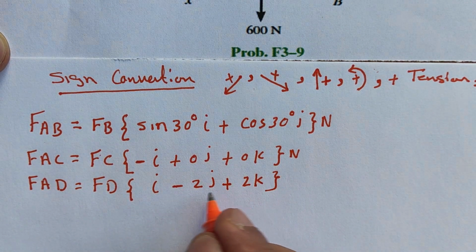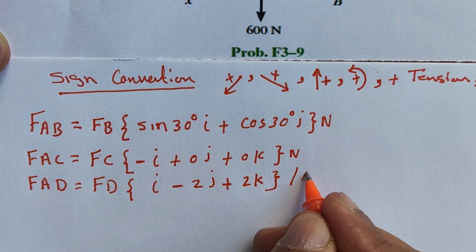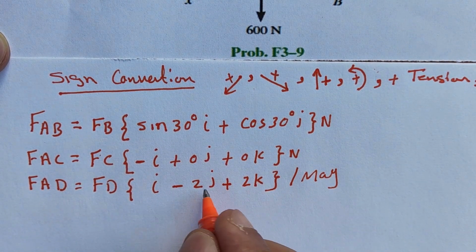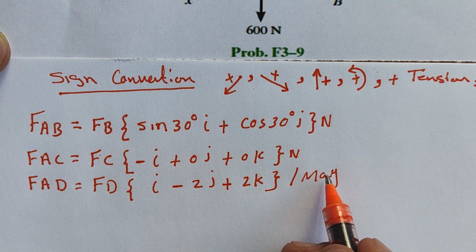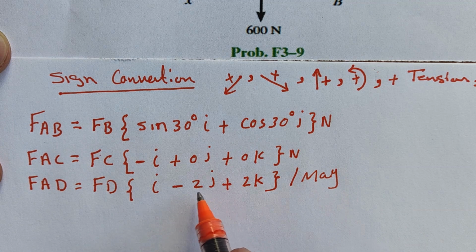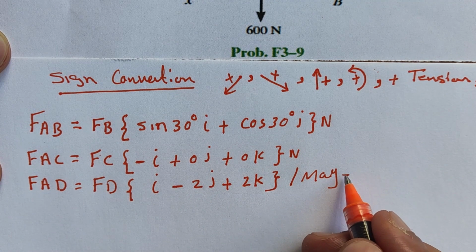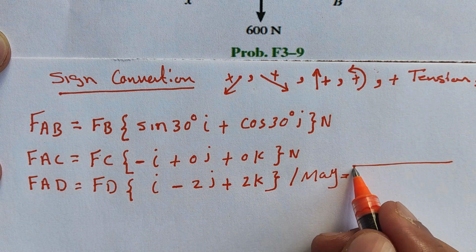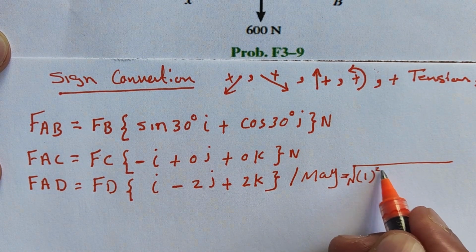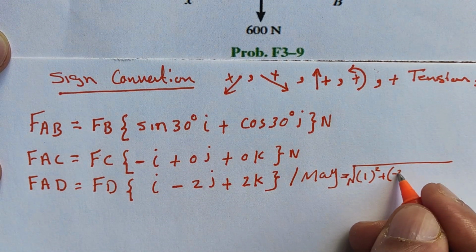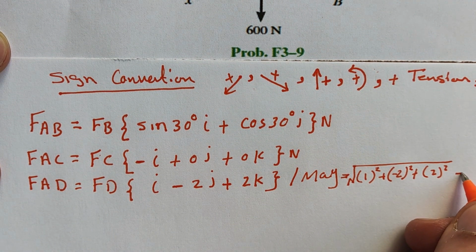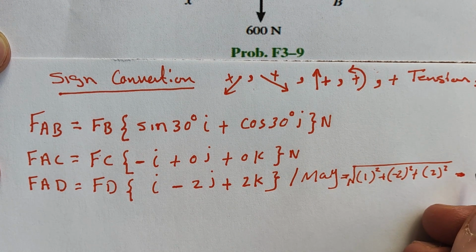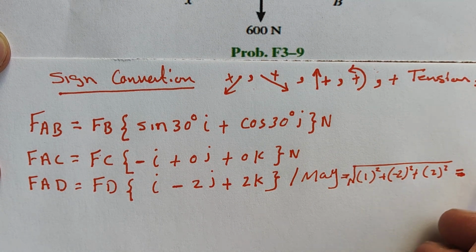But since these are coordinates, we have to divide by the magnitude of this position vector. The magnitude equals the square root of 1 squared plus negative 2 squared plus 2 squared, which equals 3 meters.